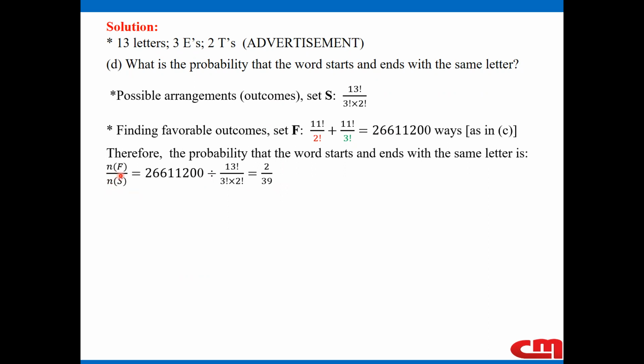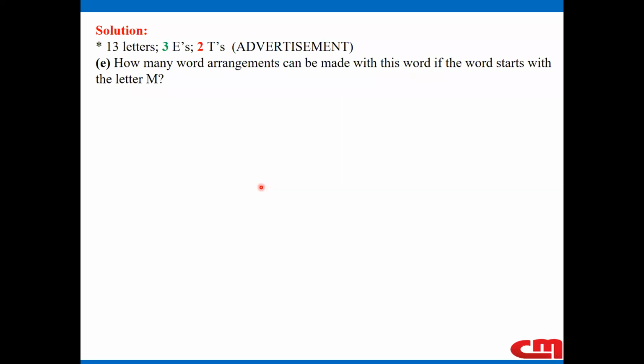Instead of drawing a line, I've substituted this line by the division sign because it means division. So this number divided by the possible outcome is a fraction, like that. Then you can simplify this to 2 over 39. So that's the answer to D. Okay, going forward.